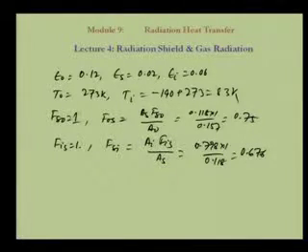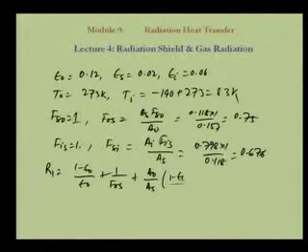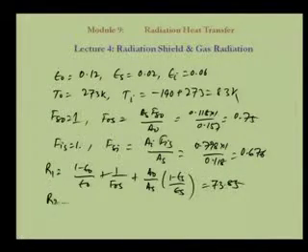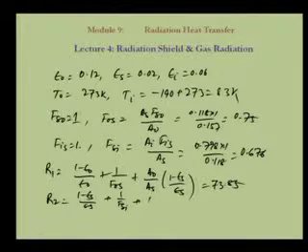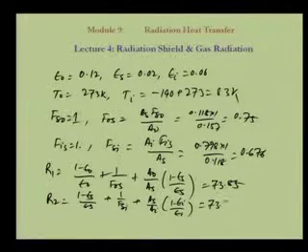So, now we can find out that capital R1 is equal to (1 minus epsilon O) by epsilon O plus 1 by FOS plus AO by AS into (1 minus epsilon S) by epsilon S. Putting all the values, this comes to be 73.85. Then capital R2 is equal to (1 minus epsilon S) by epsilon S plus 1 by FSI plus AS by AI into (1 minus epsilon I) by epsilon I, and that is equal to 73.30.